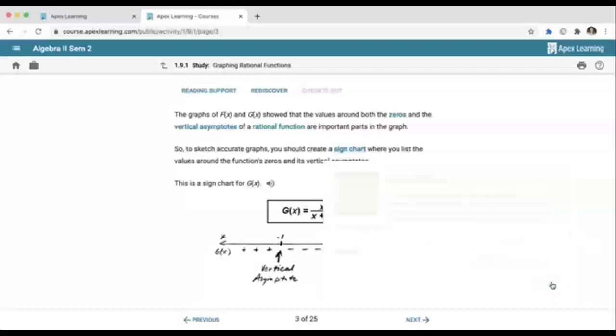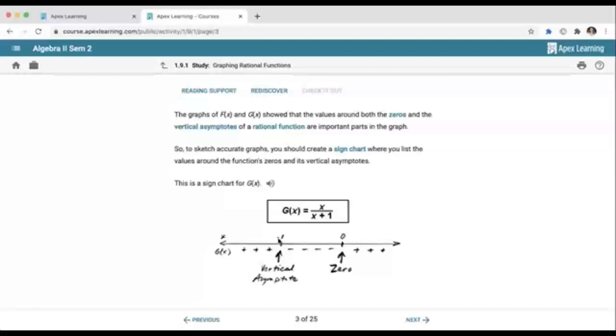By that, it means you could draw the key points. If you had zeros or vertical asymptotes, you can draw those points. For this graph, we had a vertical asymptote at x equals -1, and a 0 point at x equals 0.